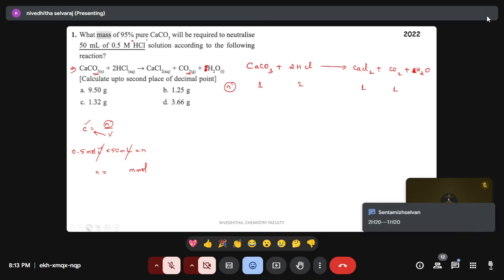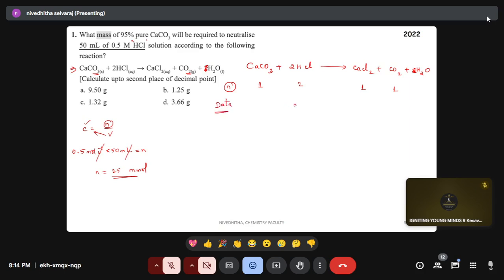Fine. So how many moles of HCl they have taken? 25 millimole, right? So according to the given data, HCl taken is 25 millimole.